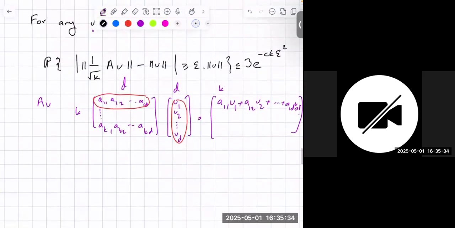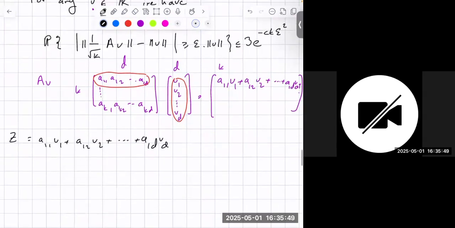I'll rewrite it here, and the other coordinates will come similarly. So this is my first coordinate. Let's call it Z. What is the expectation of Z?